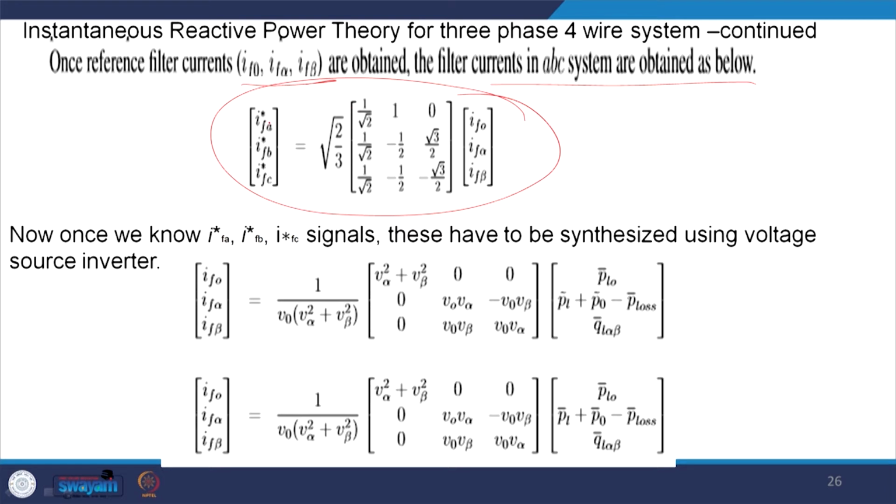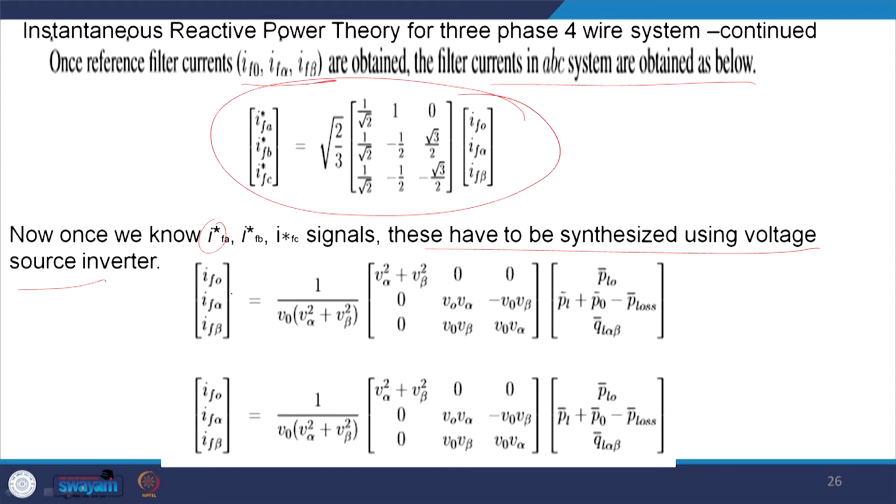So, you can have I F A, I F B and I F C equal to root 2 by 3 of this matrix, and now we know that I F alpha, I F beta and I F 0 have to be synchronized with the voltage source.